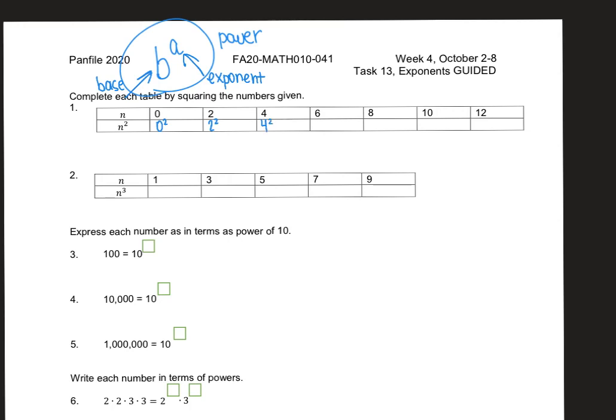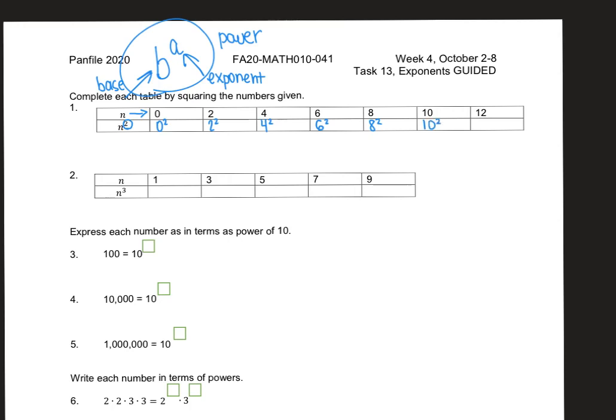All we want to do is replace n, which is our base, with these numbers here. They've given us our exponent. Our exponent is not changing. Our exponent is 2, so our 2 is staying constant. Our base is what is changing.